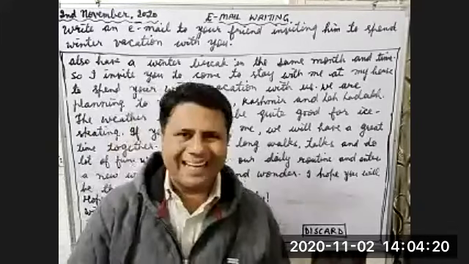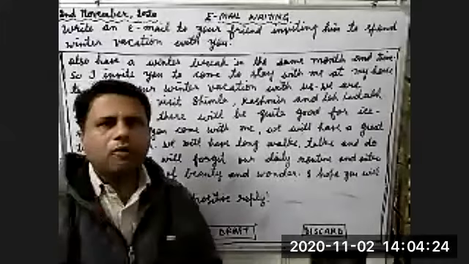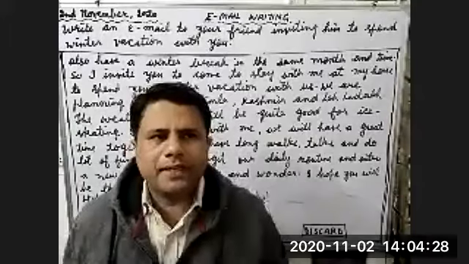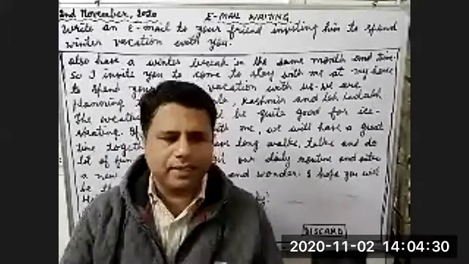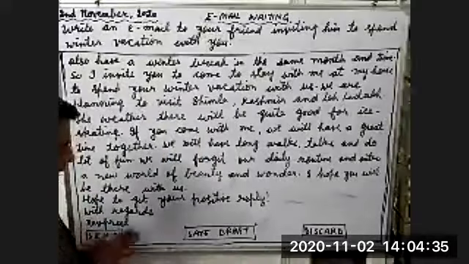Then the subject, then the 7th point is body of the letter. In the body of the letter, we have written salutation, content of the email, closing remark, and the name of the sender.